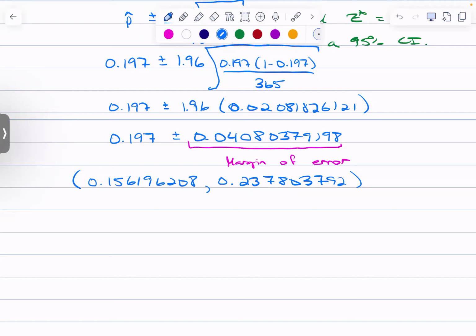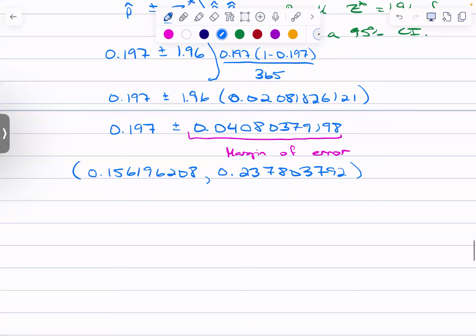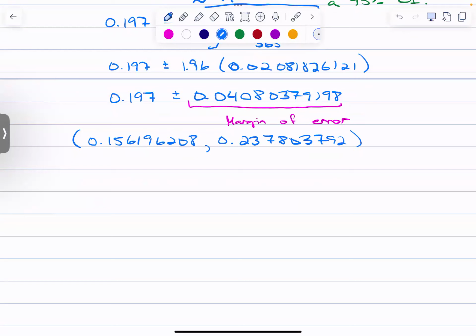We can round this to 3 decimal places, let's say. It depends on how picky you want to be, or how precise your measurements are. So somewhere between 0.156 to 0.238.